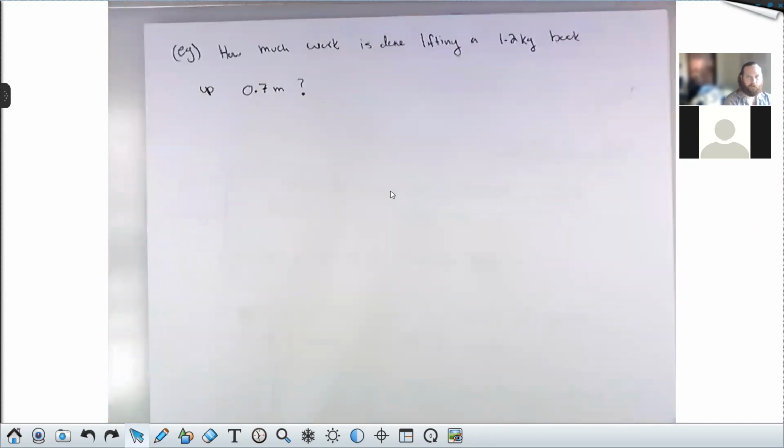Paraphrasing, how much work is done lifting a 1.2 kilogram book up by 0.7 meters?